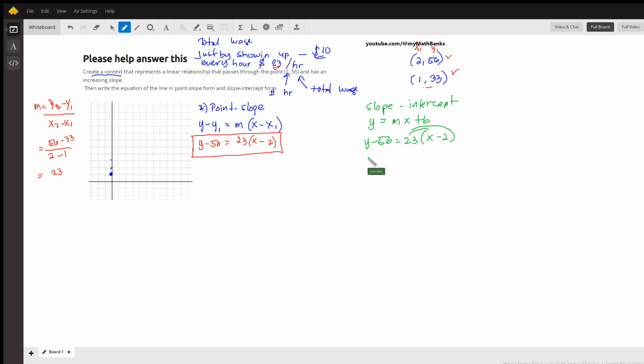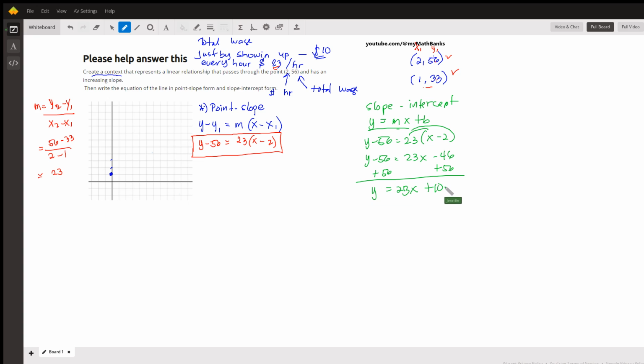So I'm going to have y minus 56 equals 23x minus 46. Well, the format is y equals, so I just need to have y on one side. So this 56 is getting in the way, so I'm just going to get rid of that. Plus 56, plus 56. And so now it'll be y equals 23x plus 10.